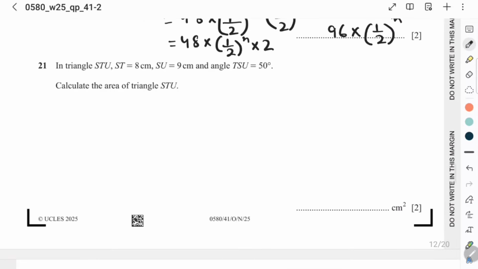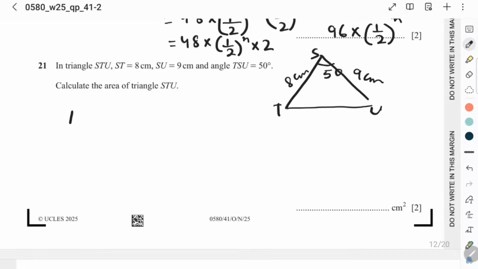Question 21, the triangle STU. ST is 8 and SU is 9 and angle TSU is given 50 degrees. Calculate the area of STU. For example, if I have STU, TSU is 50 degrees and this is ST is 8 centimeters, SU is 9 centimeters.